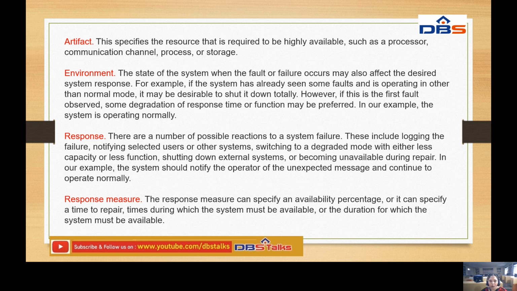These include logging the failure, notifying selected users or other systems, switching to a degraded mode with less capacity or less function, shutting down external systems, or becoming unavailable during repair. In our example, the system should notify the operator of the unexpected message and continue to operate normally. So that is the response.